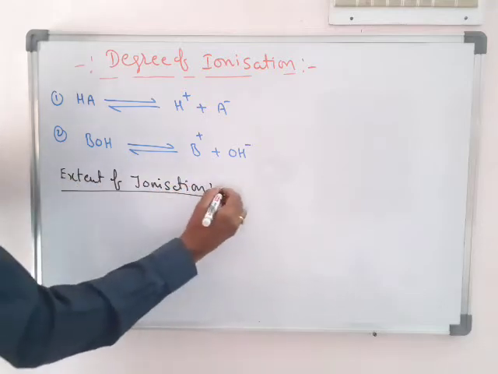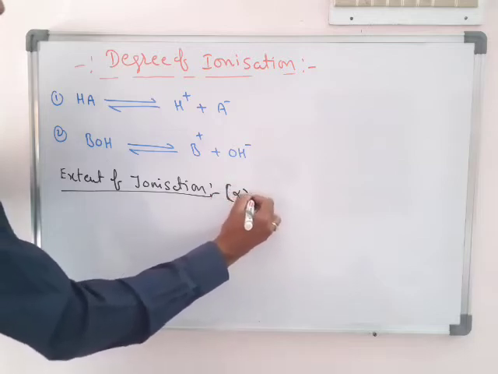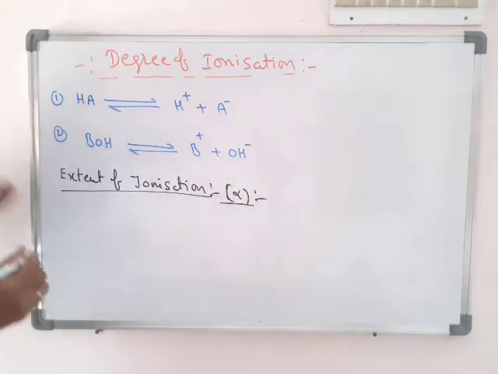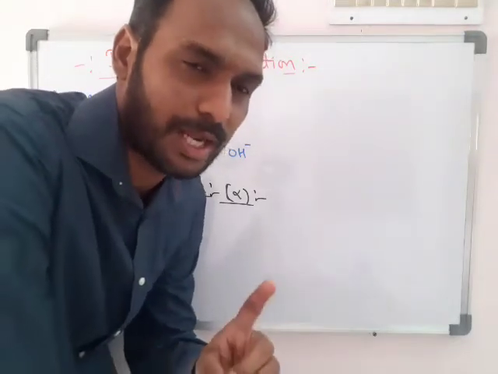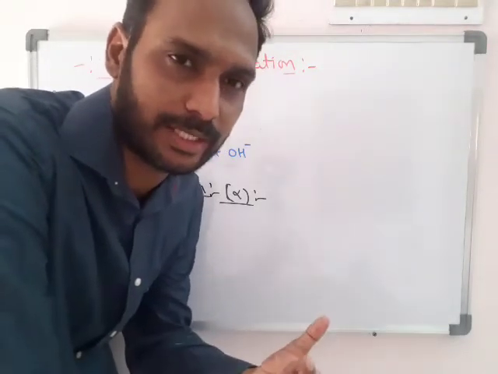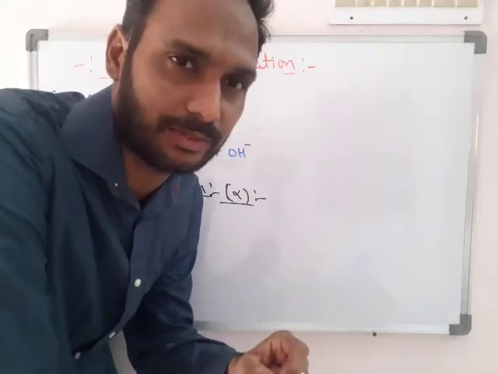So extent of ionization is generally denoted by alpha. So what does alpha mean? It is the ratio of the number of molecules dissociated to the number of molecules taken.